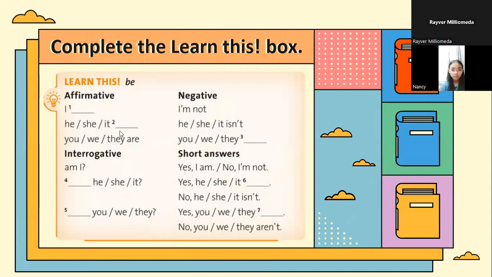Be, affirmative, negative. Do you understand this activity? Maybe. This is very confusing. The activity is very, very confusing. Even I had a hard time figuring this out.